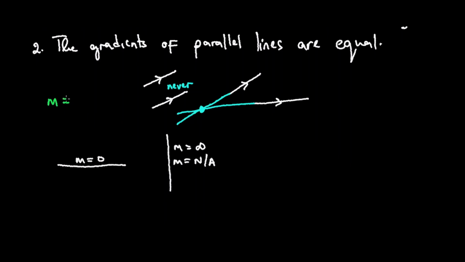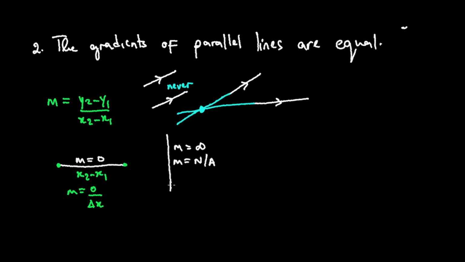Let me just steer your understanding. Gradient is equal to y2 minus y1 over x2 minus x1. On a horizontal line, you see that x is changing. This is the change in x, x2 minus x1. But y is not changing. Y is 0. So the gradient here is 0 over a change in x. That's why it's 0.